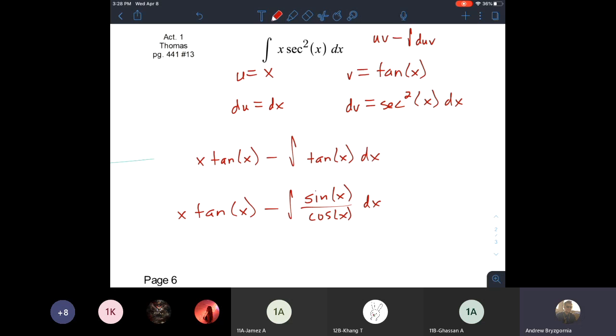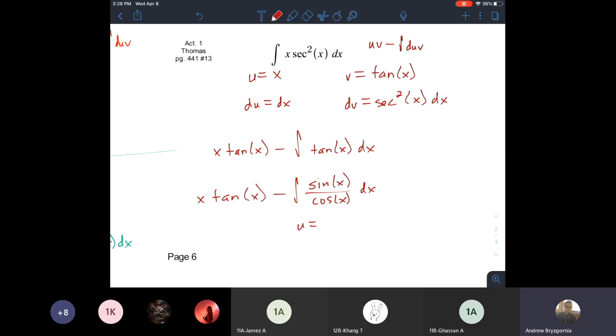So then it would have been u equals cosine, du is going to be equal to negative sine x dx. And then when we substitute, we need to put in a negative both in front and outside.